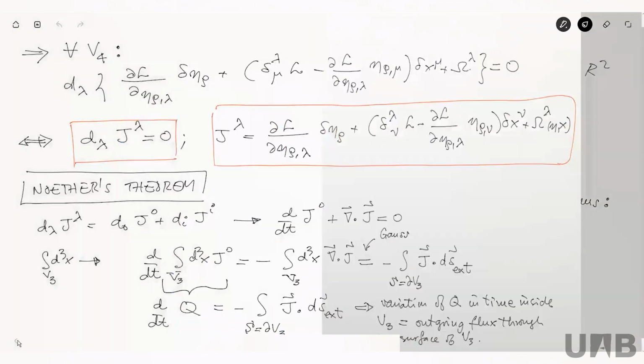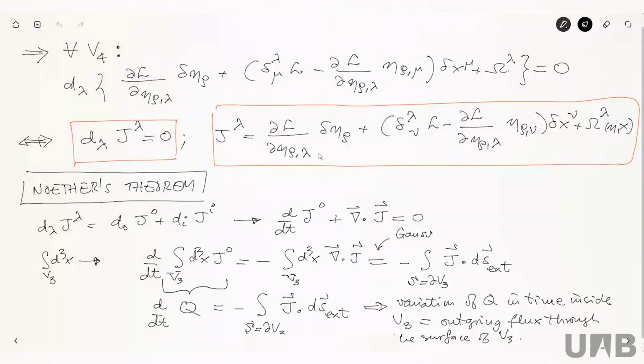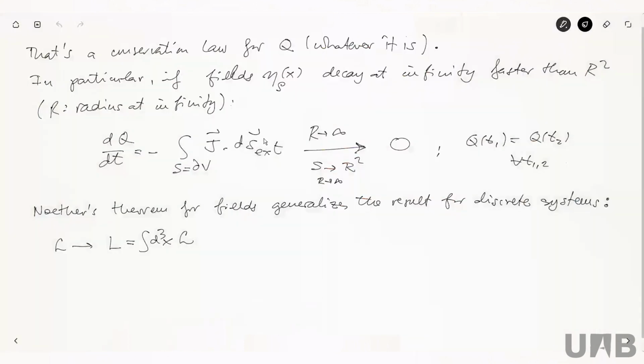Because here we have fields, and all these fields depend on x. And x is the spatial component, but it's also time. But in the discrete systems, we didn't have any x, we had time. Q depended on time, but not on any x, because for discrete systems, the x was replaced by a discrete index i that was going from 1 to n.